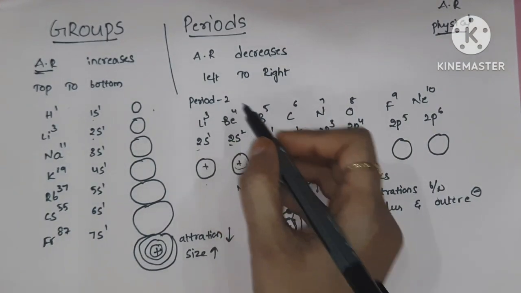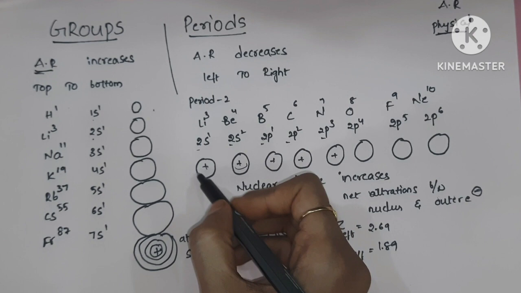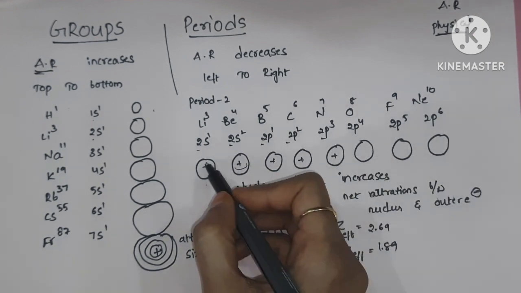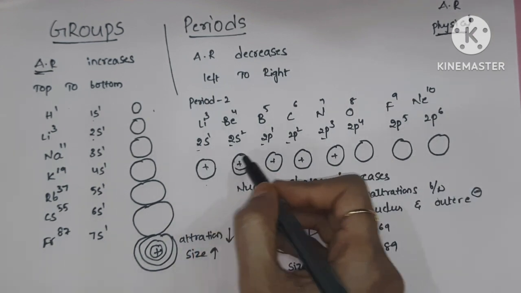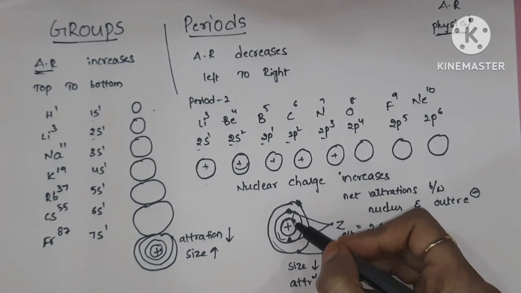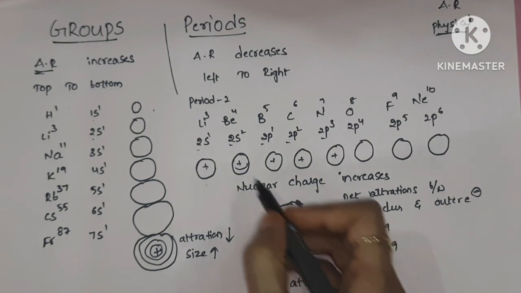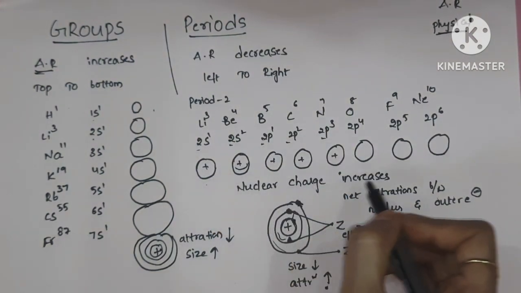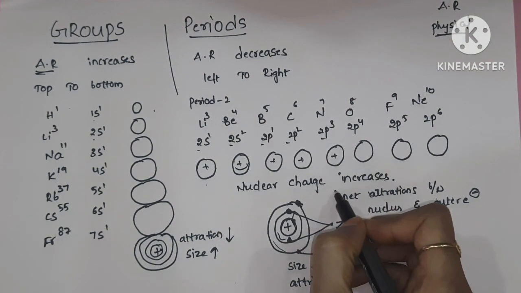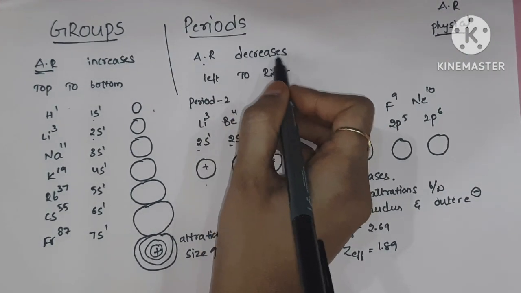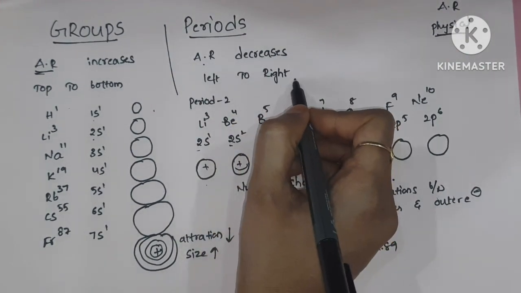So in period 2, the size of the elements remains the same from left to right, which means the attraction between the nucleus and outer electrons increases. That's why in period 2 the nuclear charge increases, and atomic radius decreases from left to right.